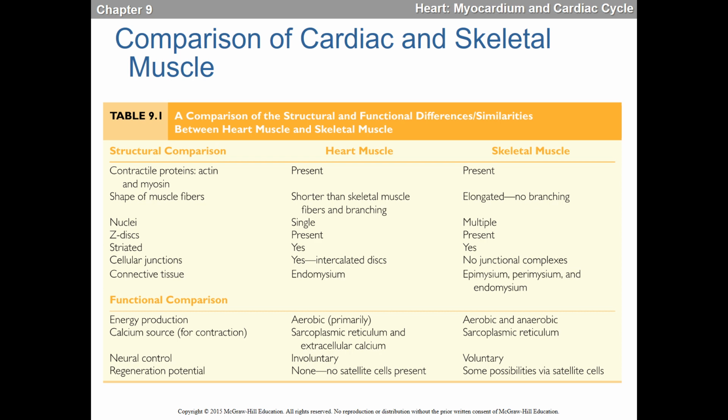Skeletal muscle, we talked about its multinucleation and mononuclear domain being supplied by satellite cells. That really isn't going on with heart muscle. It's single nucleated, so each cardiomyocyte, heart muscle cell, only has a single nucleus.